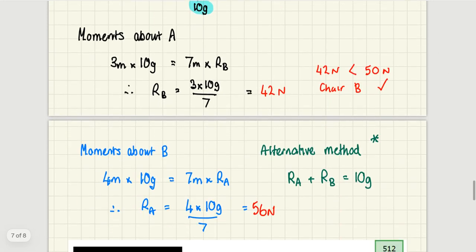Therefore, we can state that RA plus RB must be equal to the 10g, right? We already knew that RB was 42, and this is obviously 98. So RA plus 42 is 98, therefore RA must be 56 newtons.